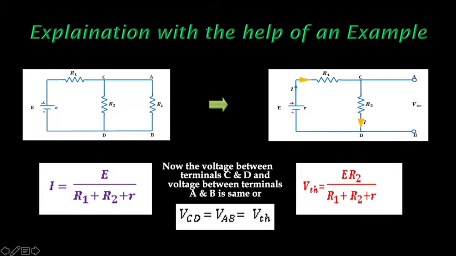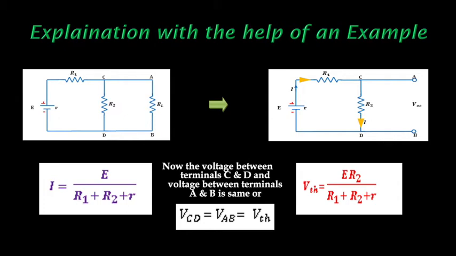To find VTH, first determine the current through the circuit. When A and B are open, the current loop is as shown in the figure. Resistances R1 and R2 are in series with source E. So, I equals E divided by R1 plus R2 plus r. Now, the voltage between terminals C and D and the voltage between terminals A and B are the same.